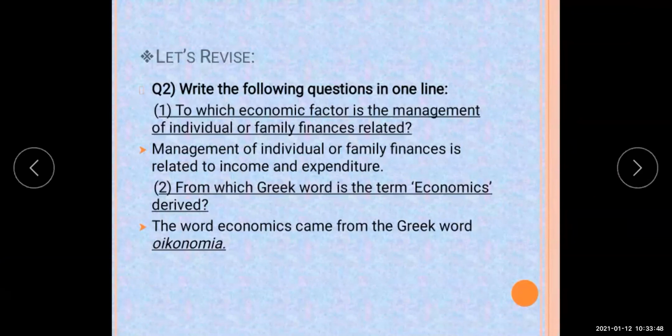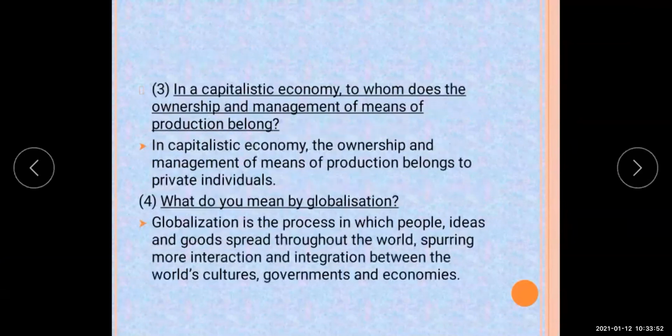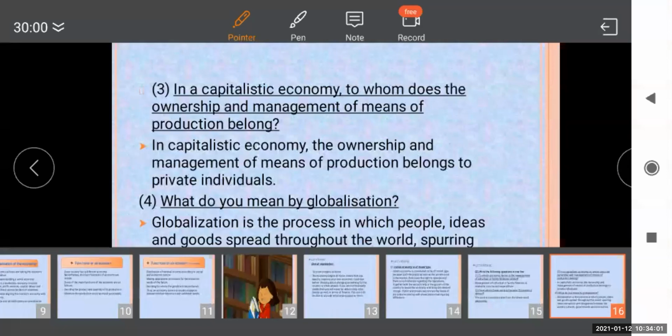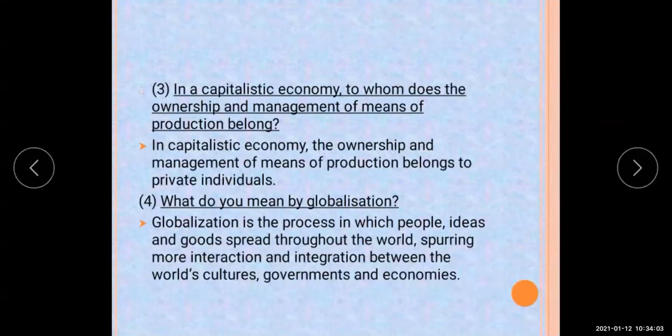The Greek word is oikonomia. Okay, then the last two questions. Third question: in a capitalistic economy, to whom do the ownership and management of the means of production belong?